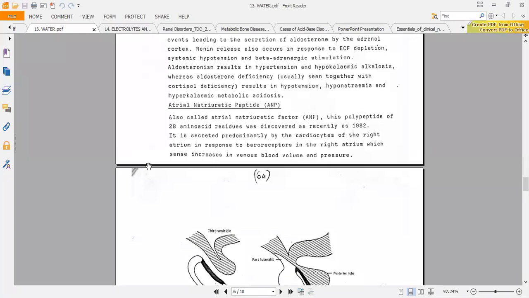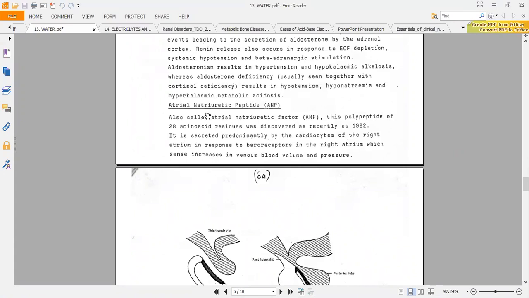So the function of this hormone is opposite to the function of ADH or vasopressin. So atrial natriuretic peptide works as an antagonizing hormone to ADH, because it is produced when you have a lot of water in your system. So its main aim is to let you urinate the excess water.